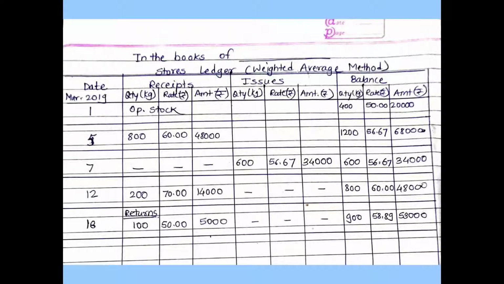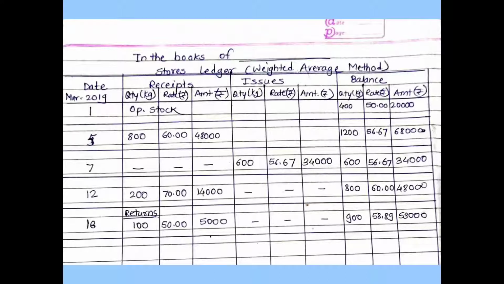Now the next transaction is given on 18th March. Those are returns. Returns to stores means the material you issued earlier to production, but now some of the remaining material from the process has been returned to the stores.